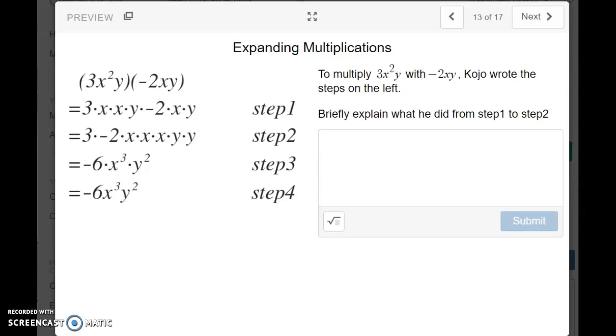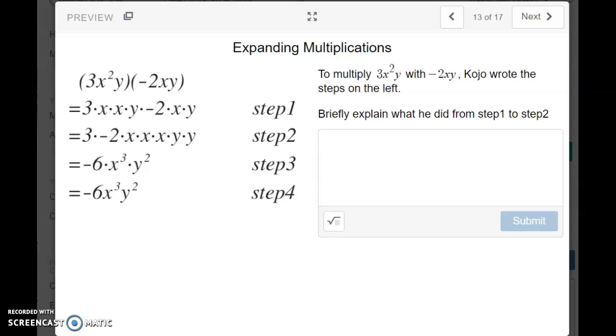All right, so this is what you should have. To multiply 3x squared y with negative 2xy, Kojo wrote the steps on the left. 3x squared y is the same as 3 times x squared times y. And that parenthesis means multiplication. And to that, negative 2 is being multiplied to x times y.